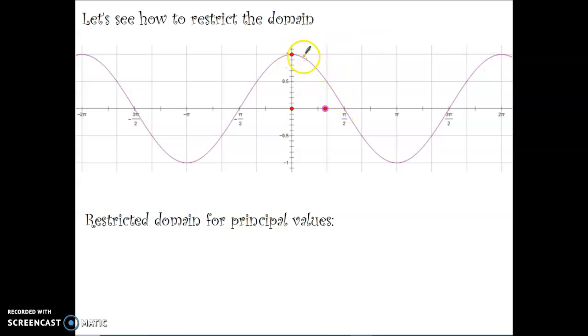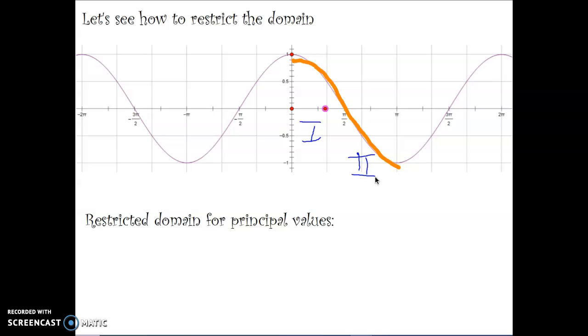So if I do the first quadrant and the fourth quadrant like I did for sine, do you see that I have positive on this side and positive on this side? That's not going to work. I need a different restriction. So the restriction that we're going to do is here. I'm going to restrict it so that my one positive quadrant is quadrant 1, just like before, but my negative quadrant is going to be quadrant 2.